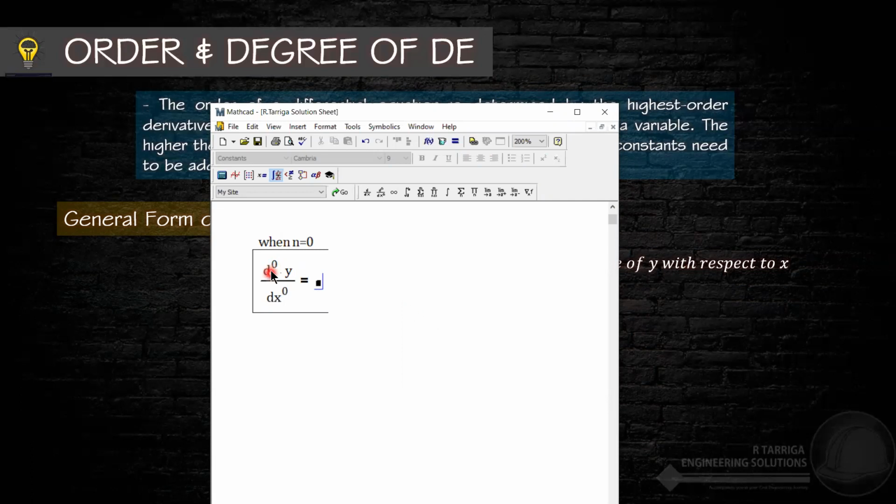A number raised to 0 is always 1. So that would be equal to y. Diba? That is equal to y only. Kasi d 1 siya and dx is 1. So that is y only. So that's why if wala siya na differentiate, the function will be y. Another example is when n is equal to 1. Let's see. d raised to 1 y over dx raised to 1.